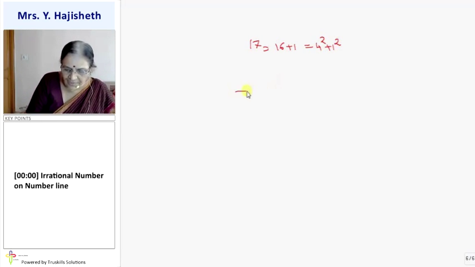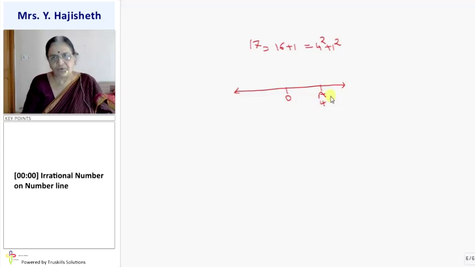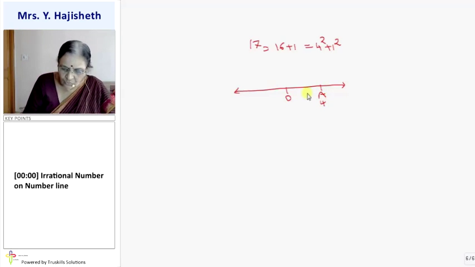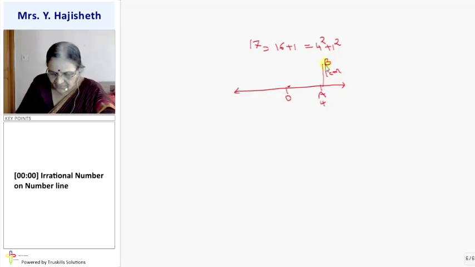So on number line, from O, I take a point at a distance 4 centimeter. Suppose this is OA and A represents real number 4. So OA is 4. Then you draw perpendicular AB of length 1 centimeter. Take a compass, take O as a center and OB as a radius.